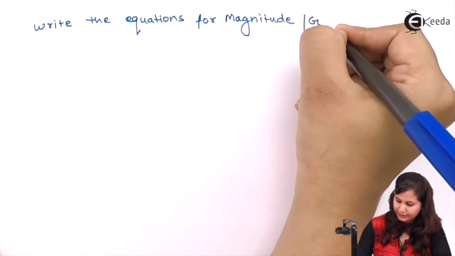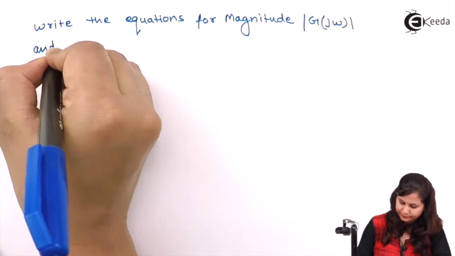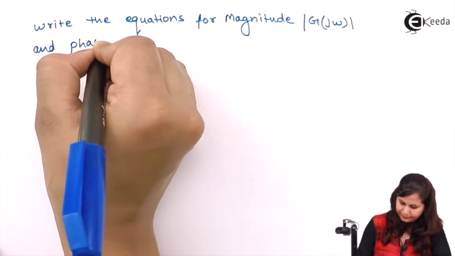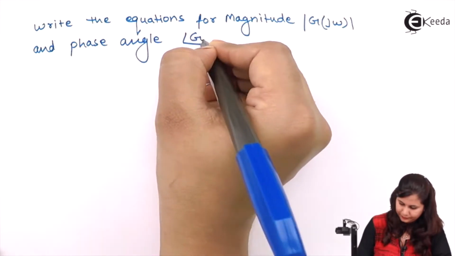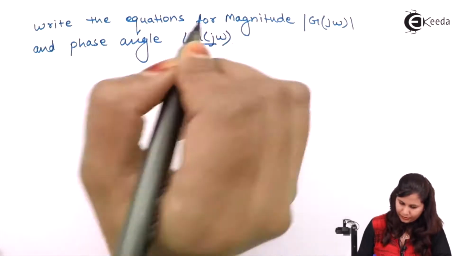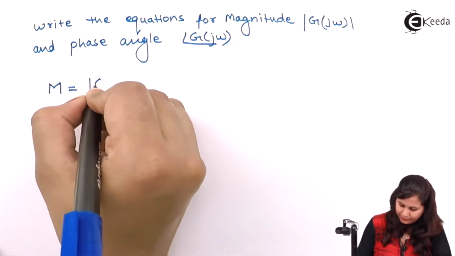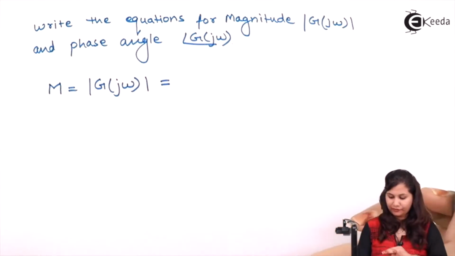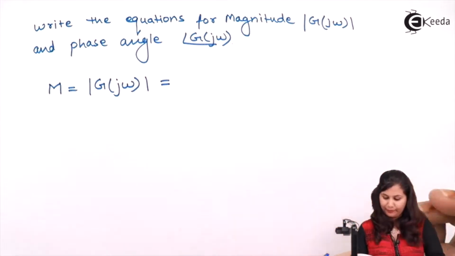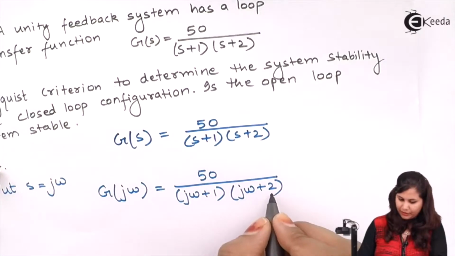Magnitude is represented by M, and phase angle. Okay, so magnitude is represented by M, and it is given by, we have the transfer function as 50 upon (j omega plus 1)(j omega plus 2).